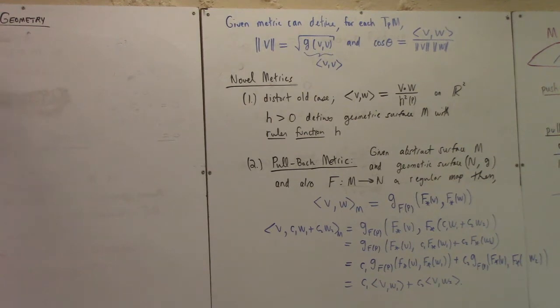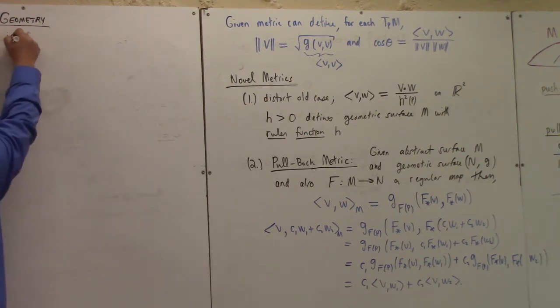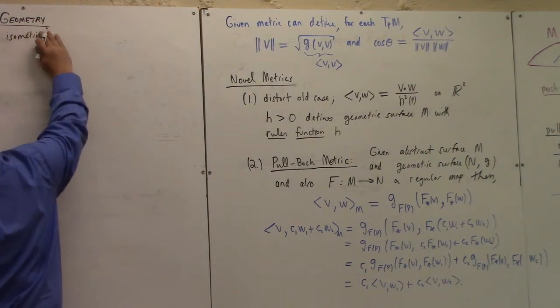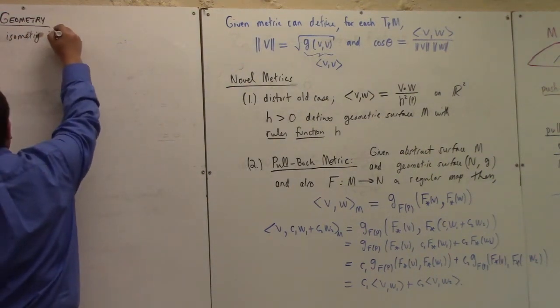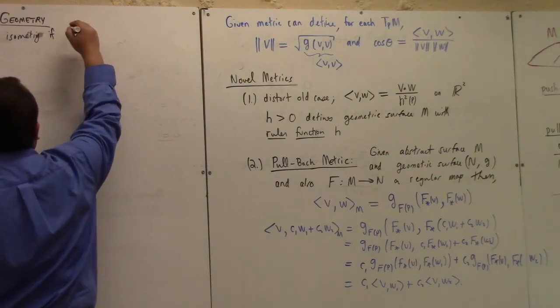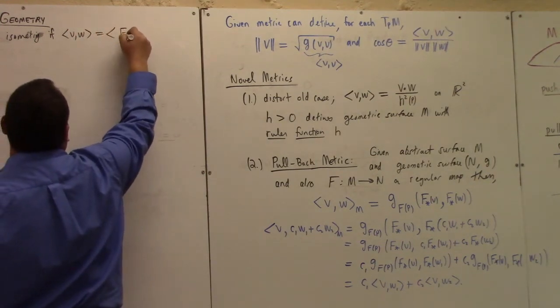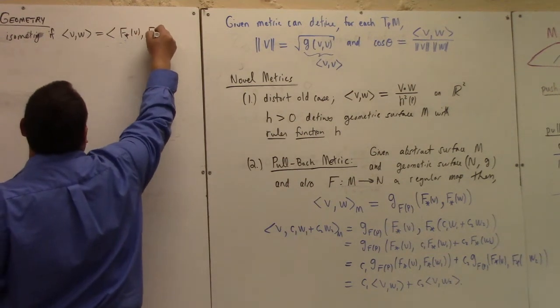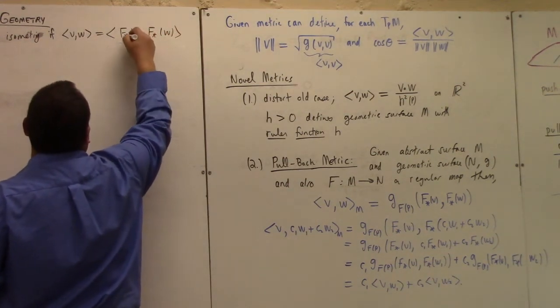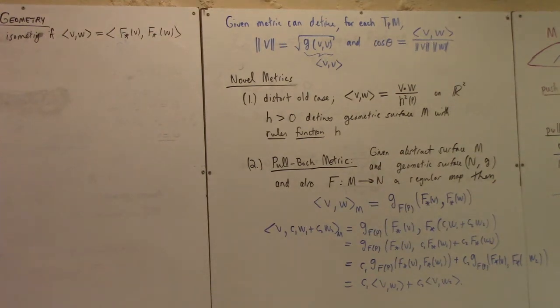So F from M to N is a local isometry if the inner product of V and W was equal to the inner product of the push forward under F of V with the push forward under F of W. And at that point, the only inner product we were working with was just the Euclidean product on all of R3, just the dot product, right? That's just notation for the dot product, really. But this is the natural generalization of that.